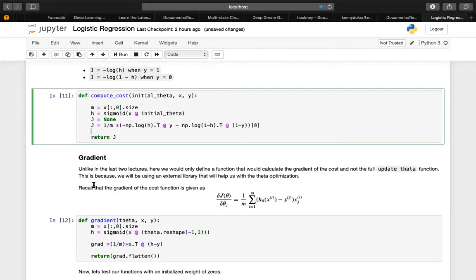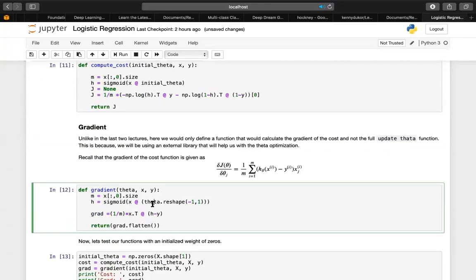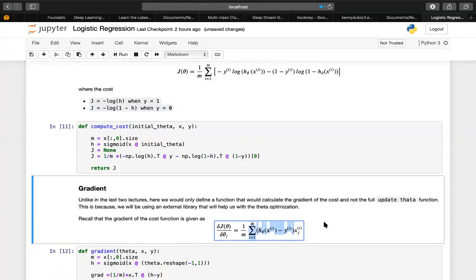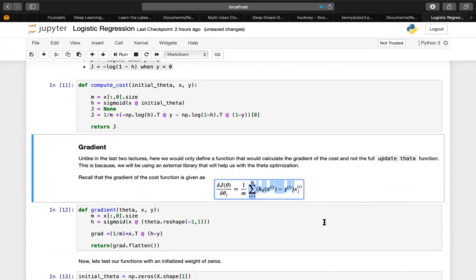So we move forward and then define a function for the gradient. And the gradient of what we have written here is basically this, right? Is it this? So this gradient kind of informs us on how we can update our parameter.